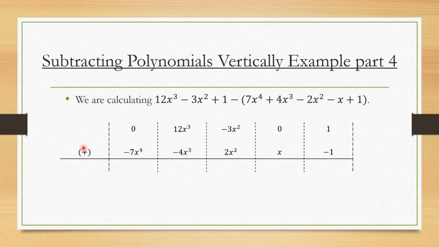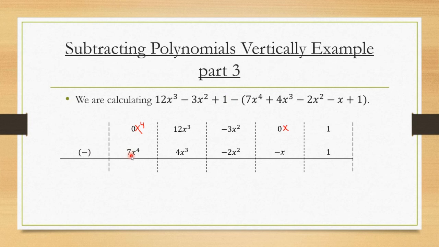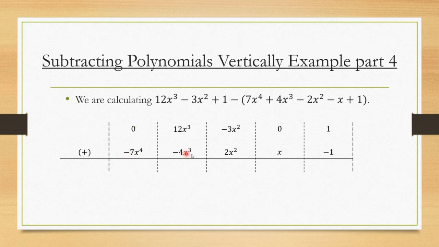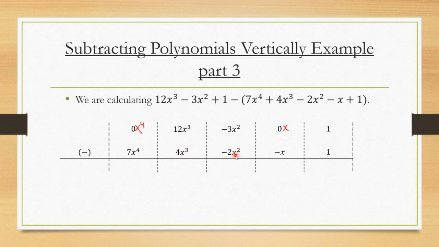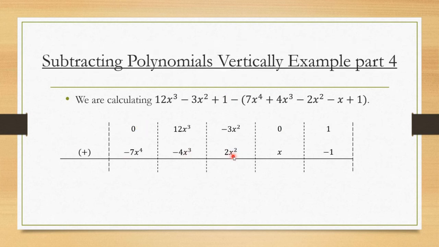I mean, really, that's what we did when we subtracted horizontally. We distributed the minus sign, but then we added. We followed the same procedure for adding. So this becomes plus, right? This was 7x to the 4, now it's minus. This was 4x cubed, now minus 2x squared. Oh, sorry, this was minus 2x squared, now it's 2x squared, and so on.